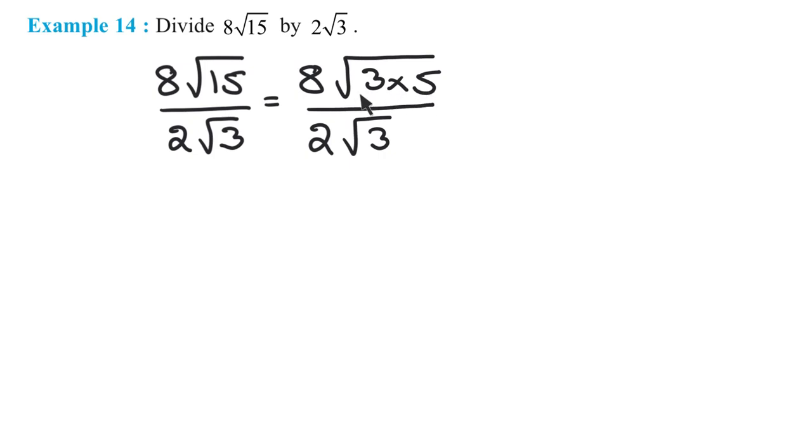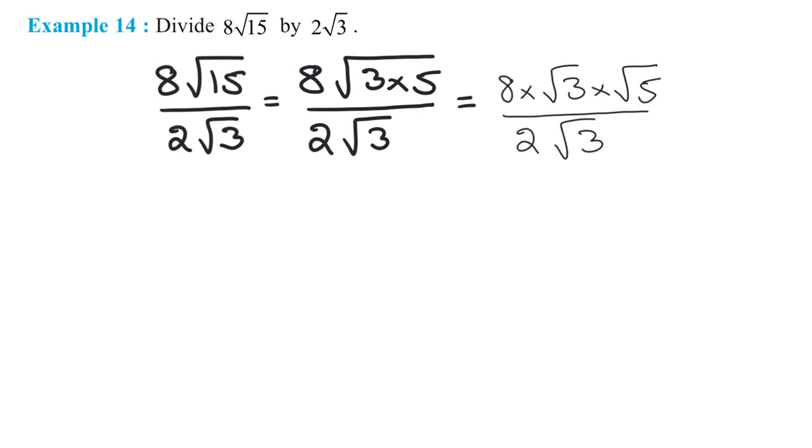You have studied that in lower grade algebra. So, can I write this as 8 times root 3 times root 5 divided by 2 root 3? When we say 2 root 3, it is the same as 2 times root 3. Now observe, root 3 divided by root 3 is 1, and 8 divided by 2 is 4. So what is the answer? 4 root 5.